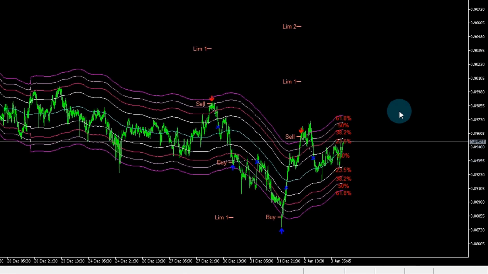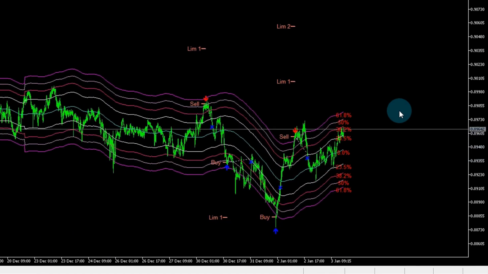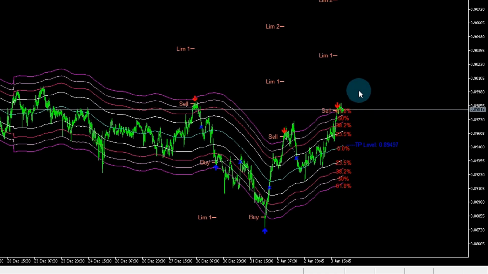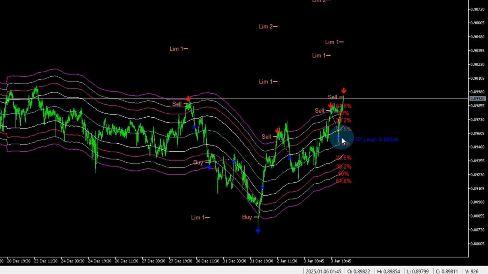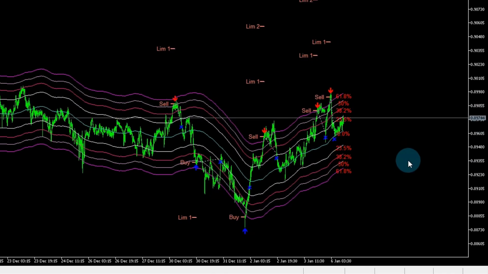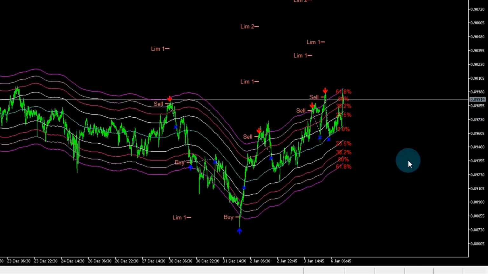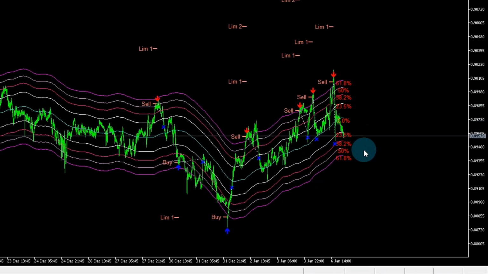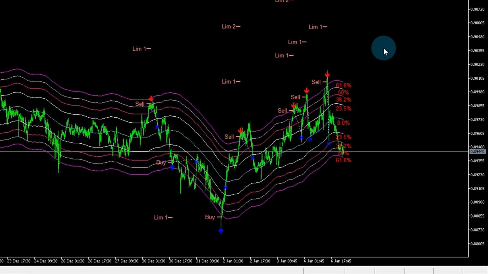Let's look at a few more trades. So the price fluctuates, goes out, we get a signal. And the trade closes, another trade closes. Let's wait for one more trade. Closing signal. One more trade.